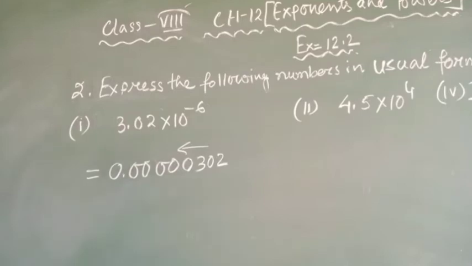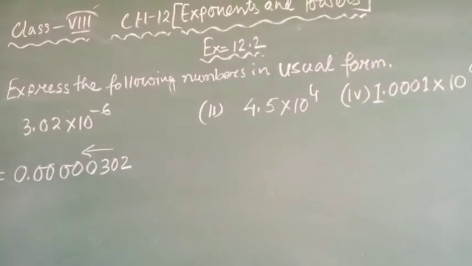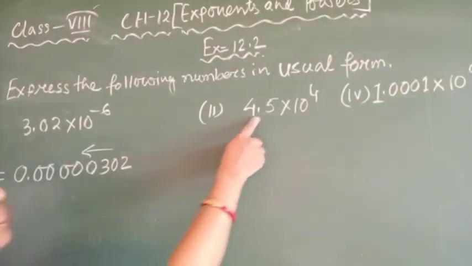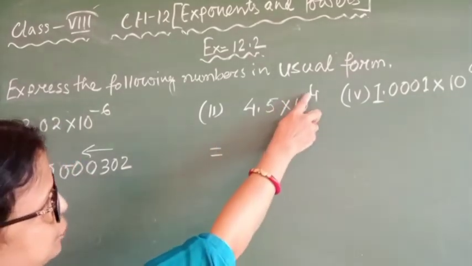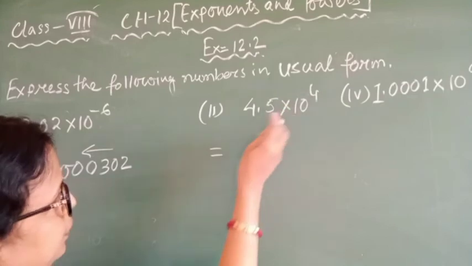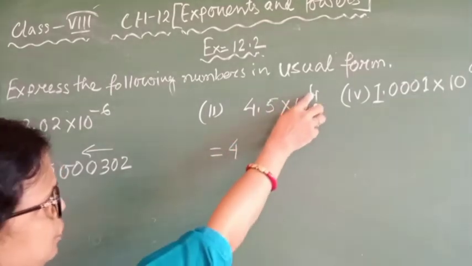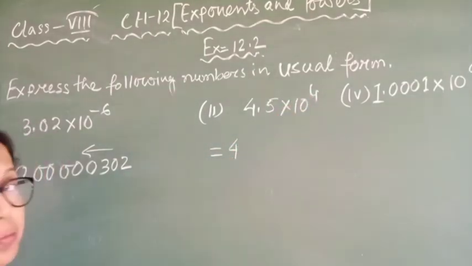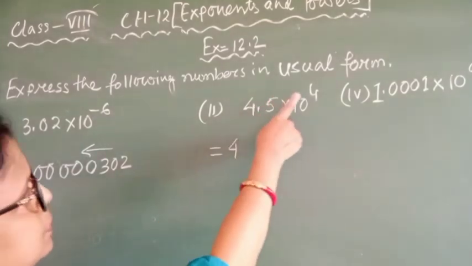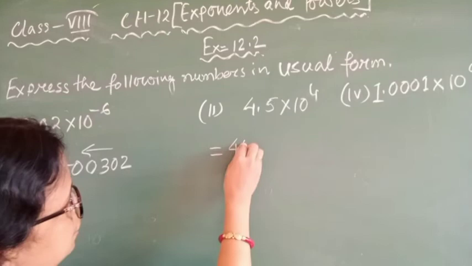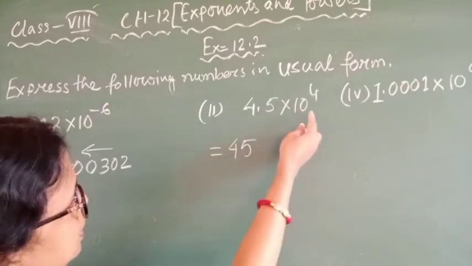Now come to the next sum, 4.5 into 10 to the power plus 4. What do you understand? By this positive sign, the number is a large number. The positive power 4 is indicating that the number was larger. So 4, 5. Now how many zeros will come?